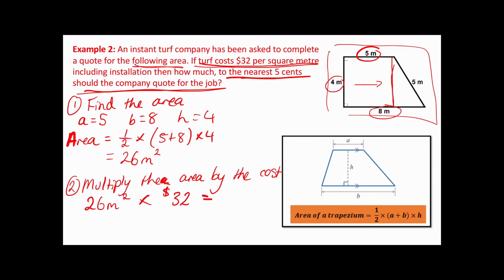And my calculator gives me $832 exactly. Now, to state my answer, I'm going to write it as a sentence. So I'm going to recommend that the company quote $832 for the job.